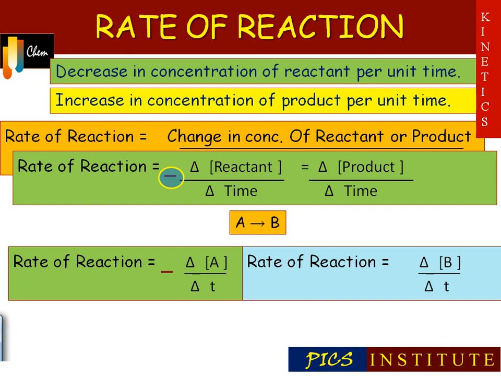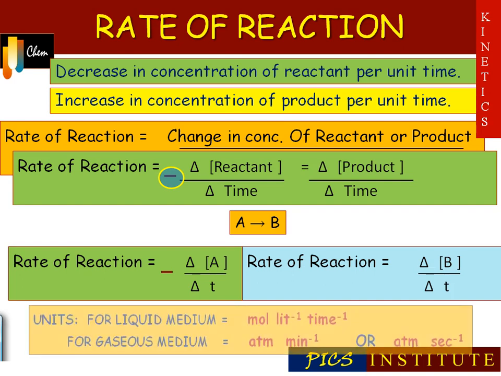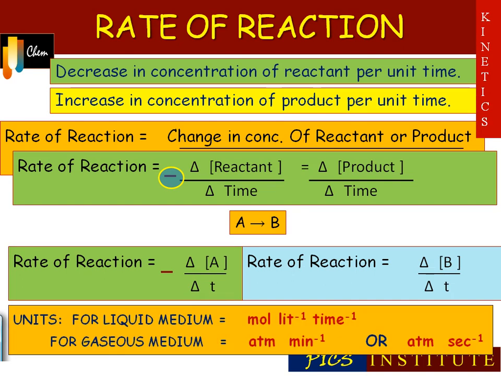So remember, for reactant negative sign, for product positive sign. Units of rate of reaction: for liquid medium reaction, mole per liter per time. For gaseous medium reaction, atmosphere per minute or atmosphere per second or atmosphere per time.